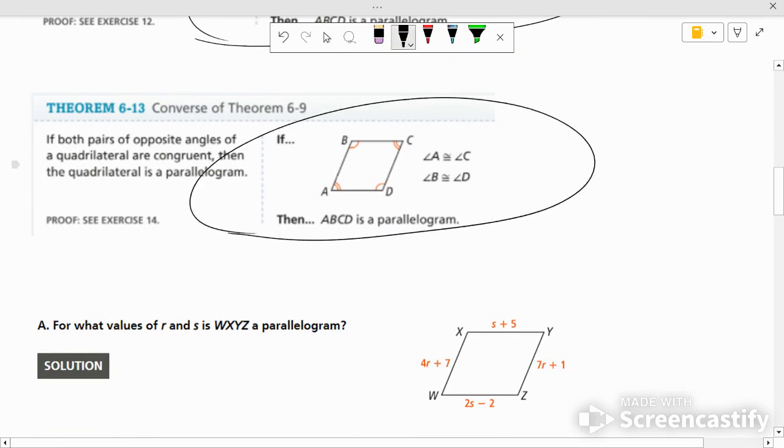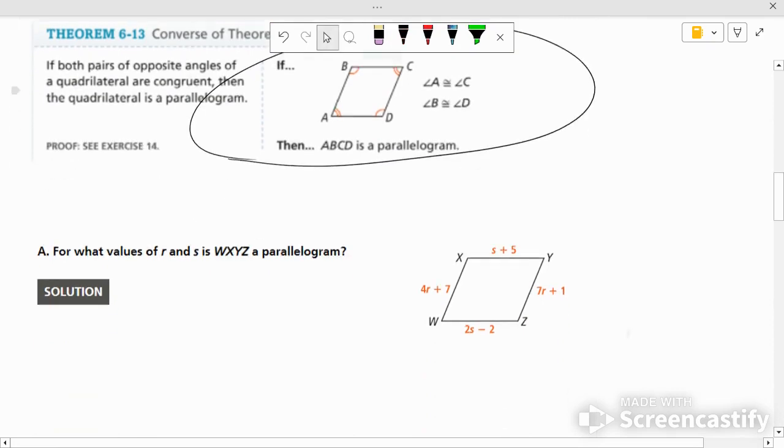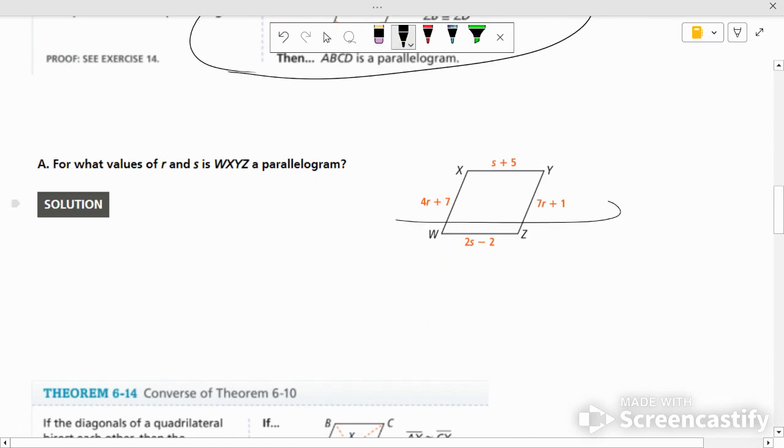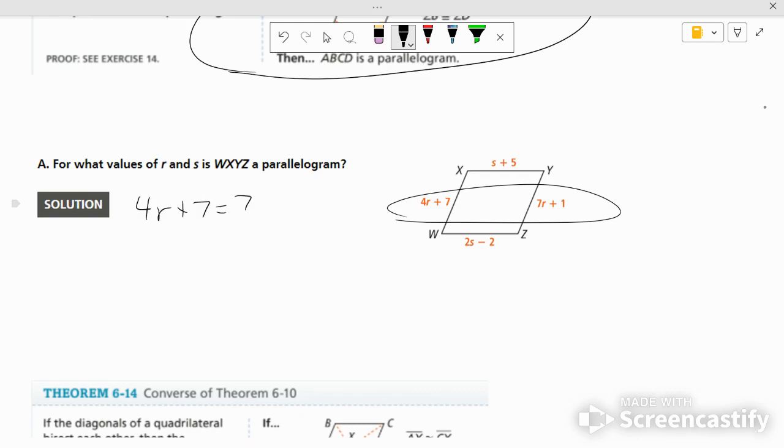If we have opposite angles congruent, then we have a parallelogram. Here, we want to prove it's a parallelogram, so what do I do with the sides? Set them equal to each other. If the opposite sides are equal, then we have a parallelogram. So 4r plus 7 equals 7r plus 1. Subtract 4r.